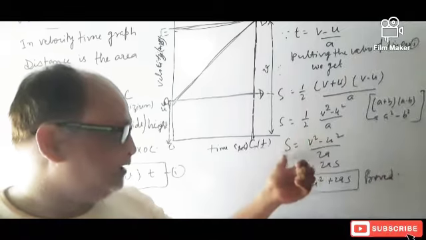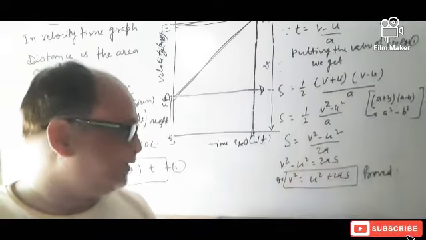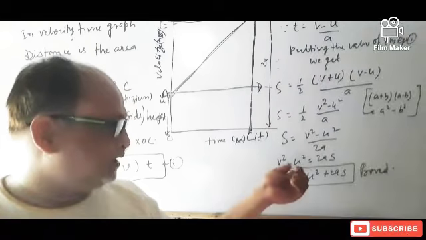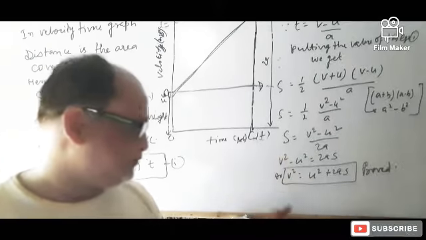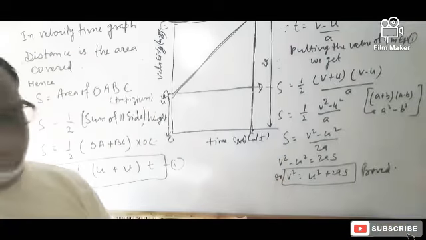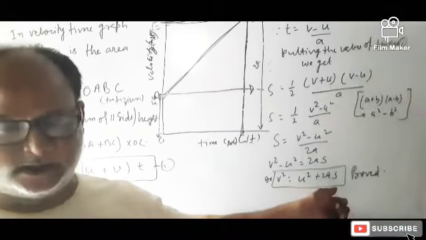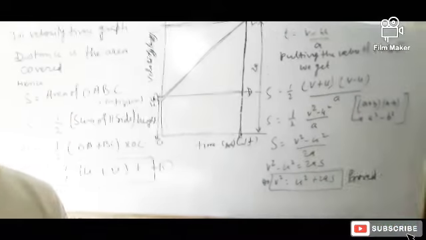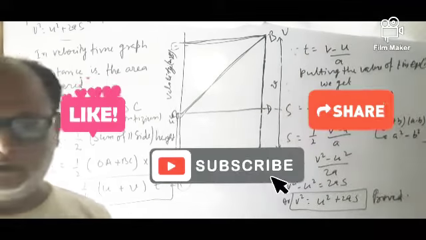That gives S is equal to V square minus U square by 2a, so V square minus U square is equal to 2as, or V square is equal to U square plus 2as. This is the third equation of motion we derived by the graphical method. Okay, thank you.